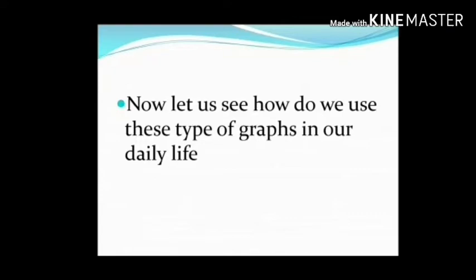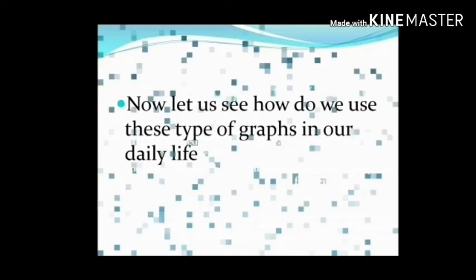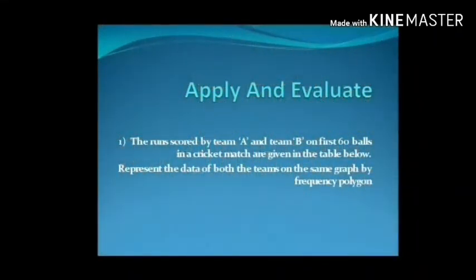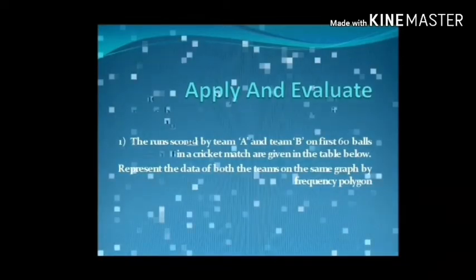Let us see now where we use this type of graphs in our daily life. The runs scored by team A and team B on first 60 balls in a cricket match are given in the table below. Represent the data of both the teams on the same graph by frequency polygon. These type of questions we can solve using frequency polygon.